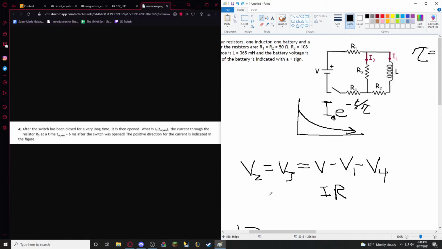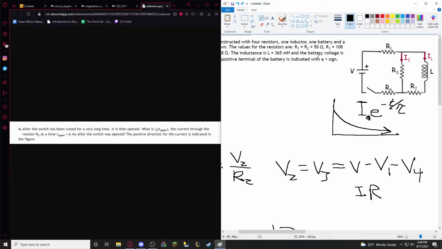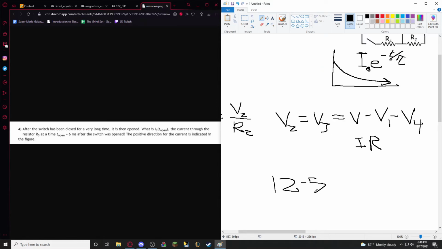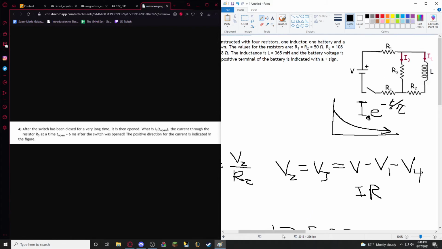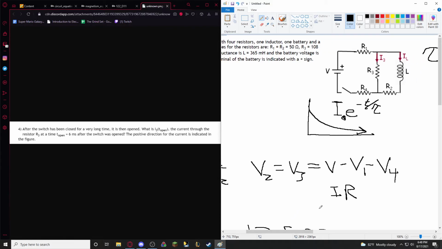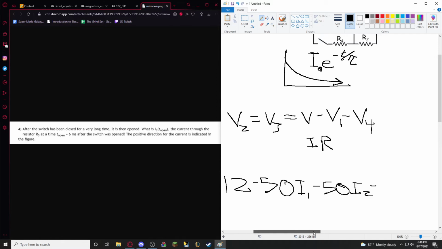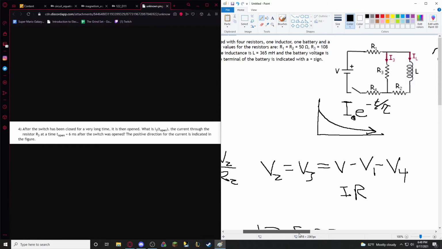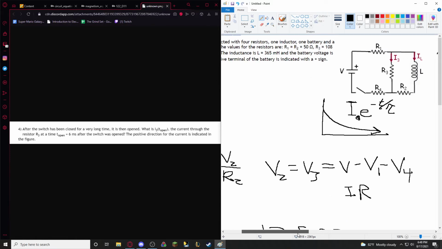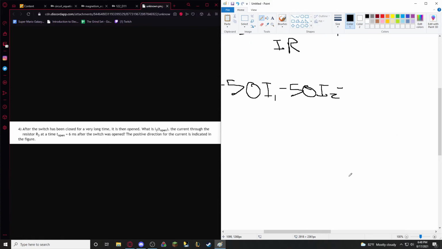Makes sense. So 12 volts minus V1, which is I1 R1. R1 is 50, minus 50 I1, minus I2 R2, so minus 50 I2, which is what we want to solve for, minus R4 I4. I4 is equal to I1, like you said. R4 is 148 ohms.